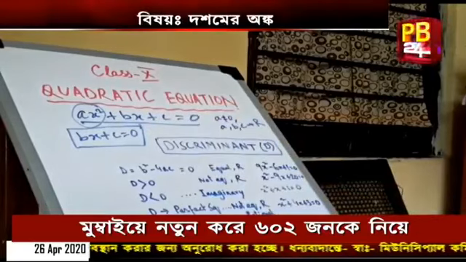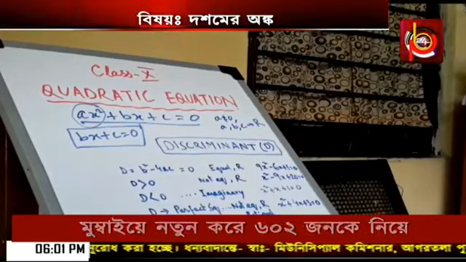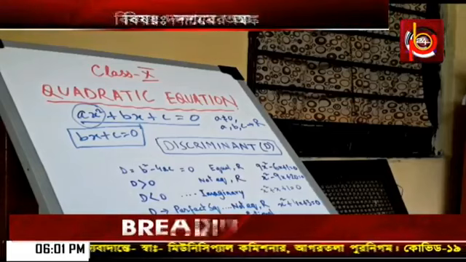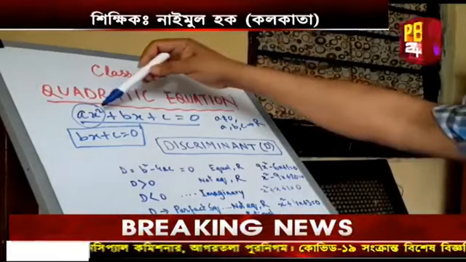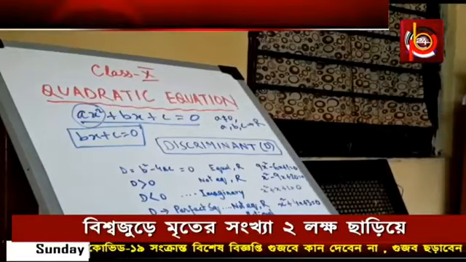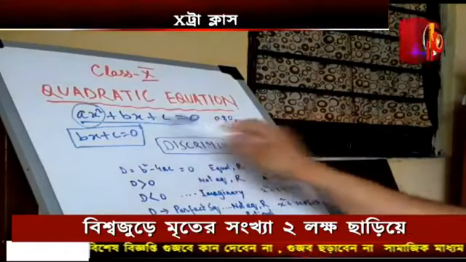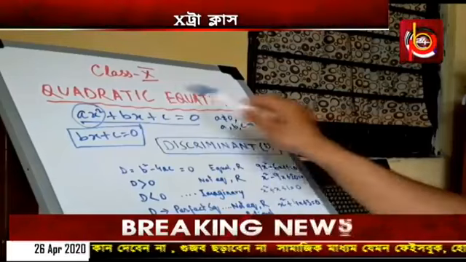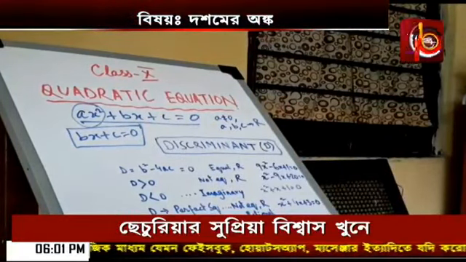Properly, it is not a quadratic equation but a linear equation. As you know, when the maximum power of the variable is 2, that is called a quadratic equation, and in case a equals 0, the equation becomes a linear equation.